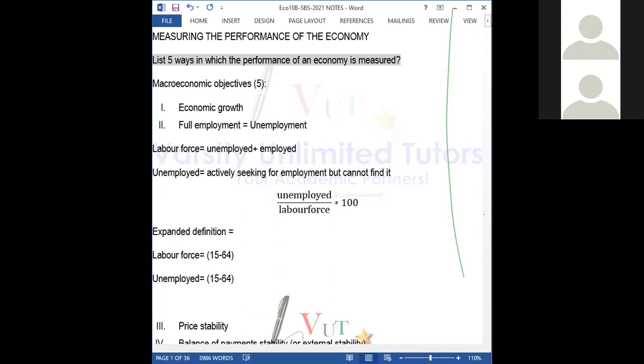So this is calculated as a percentage of the total population. When you're calculating it now, the total population would include everyone, not just within the age range of 15 to 64, but everyone that is within the nation.